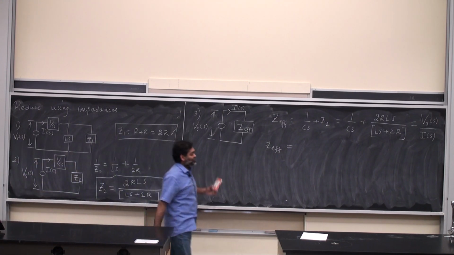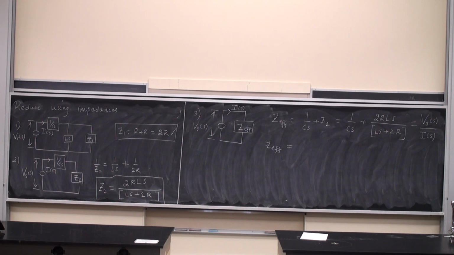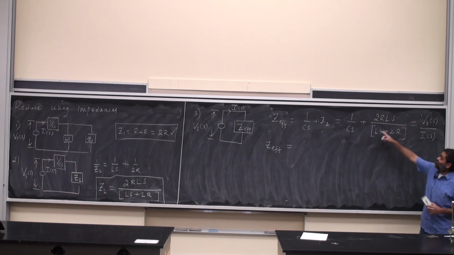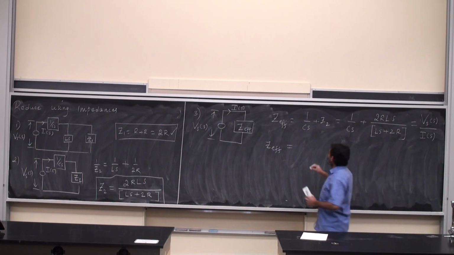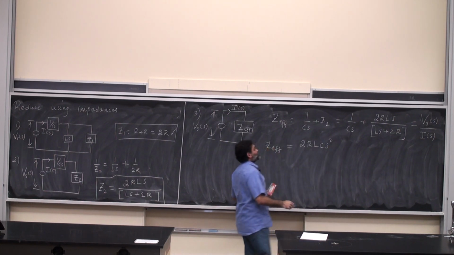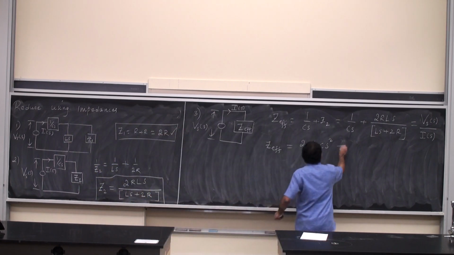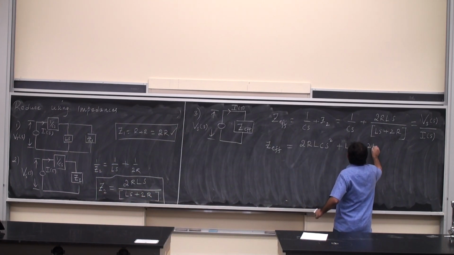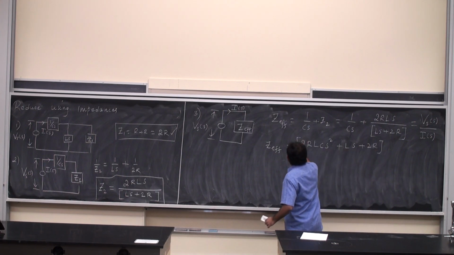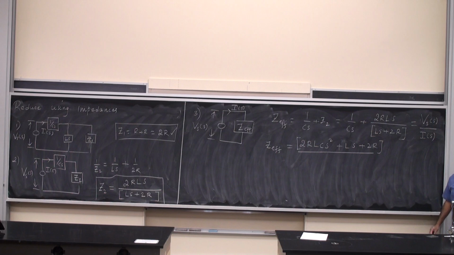Okay, so Z effective, it's not my method actually. Z effective is take common denominators 2 RLS multiplied by CS, 2 RLCS squared. Great. Then I have the LS plus 2R multiplied by 1, so that's plus LS plus 2R. One of the primary things you should practice, if you have not already done so, is to write systems in the proper form.